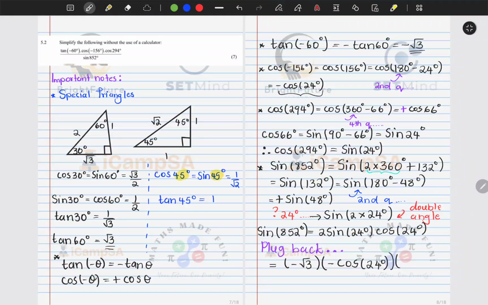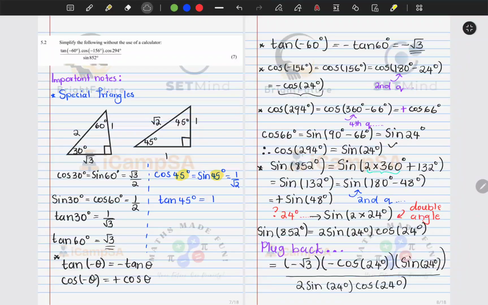Then wherever we see cos of 294, that ended up becoming sine of 24. Okay, and this is divided by your sine of 852, which ends up becoming what we have here, which is just 2 times sine of 24 degrees, if you look carefully, times cos of 24 degrees.